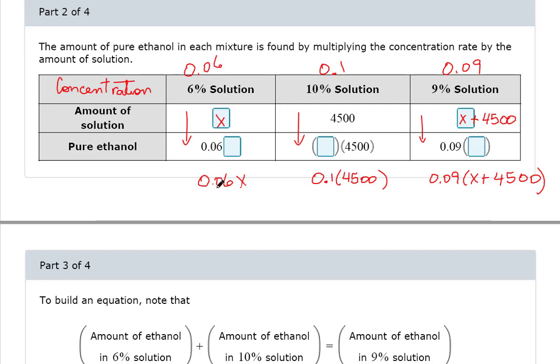Now to get this last row, all we do is multiply down. 0.06 times x is 0.06x. 10% is 0.1 times 4,500. And 0.09 times x plus 4,500. That's it. This row of our algebra forms our equation.